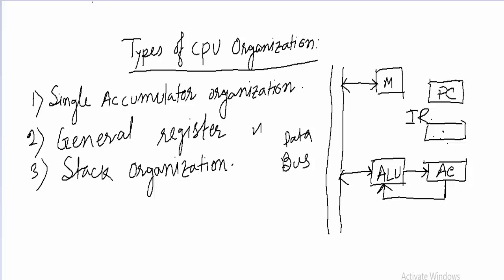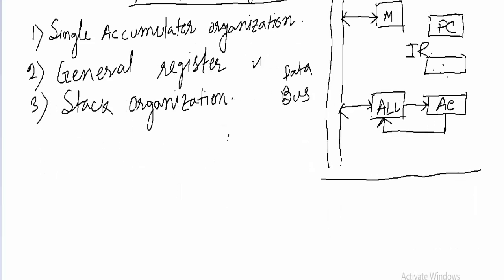This type of organization is called single accumulator organization because here there is only one special type of register present, which is the accumulator. In the single accumulator organization, we only use one address instruction or zero address instruction.